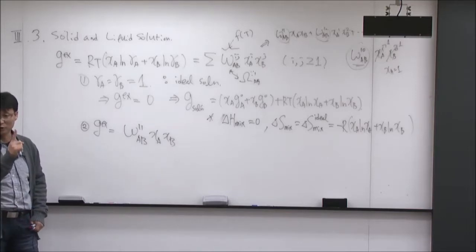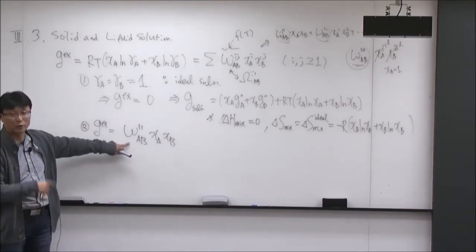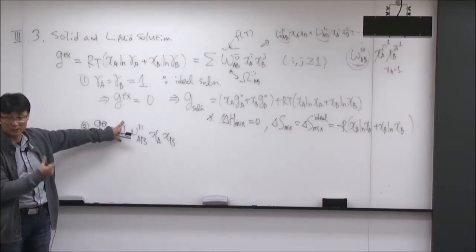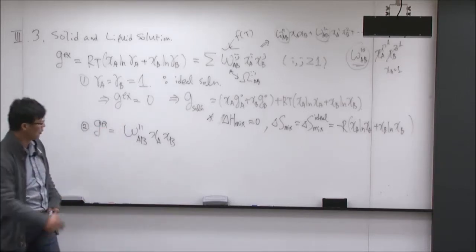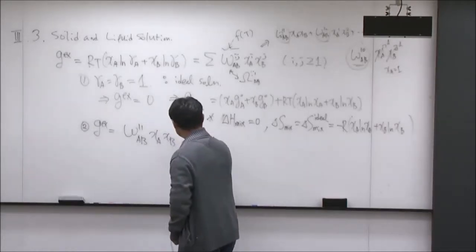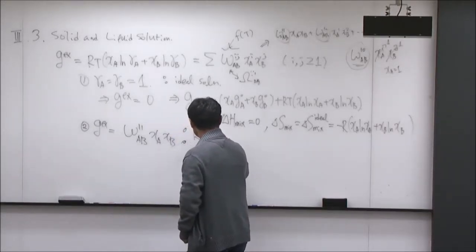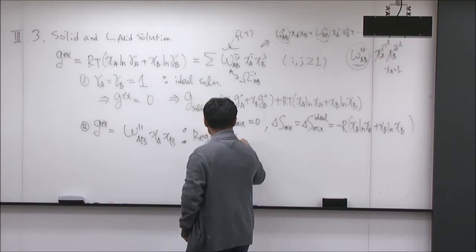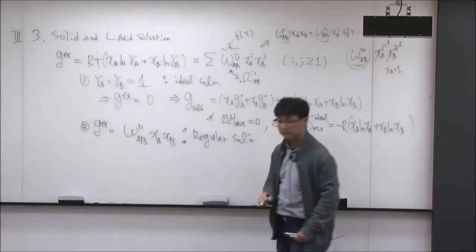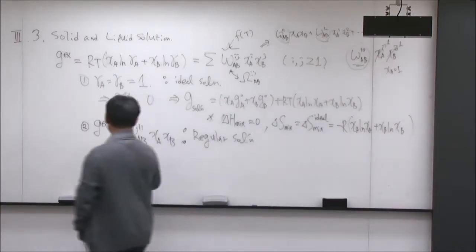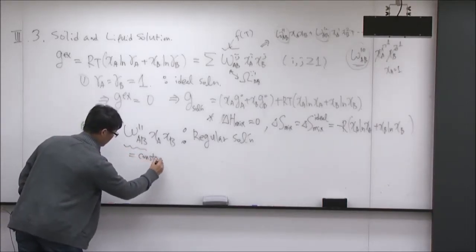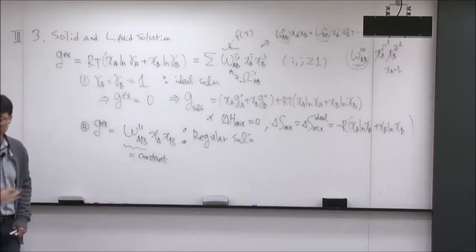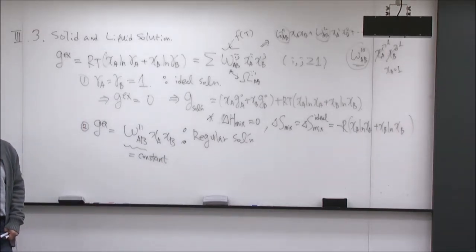So when it is 0.5, you have a maximum or minimum value depending on the sign of omega. In that case we call this a regular solution. And when this is the case, this omega value is a constant term. It's not even changing depending on the composition. Okay? It's a constant term.